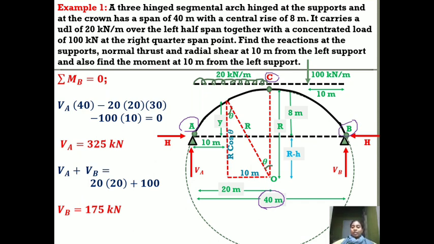So 40 meter is the span length. So automatically the diameter of the circle will be greater than 40, and the radius will surely be greater than 20.